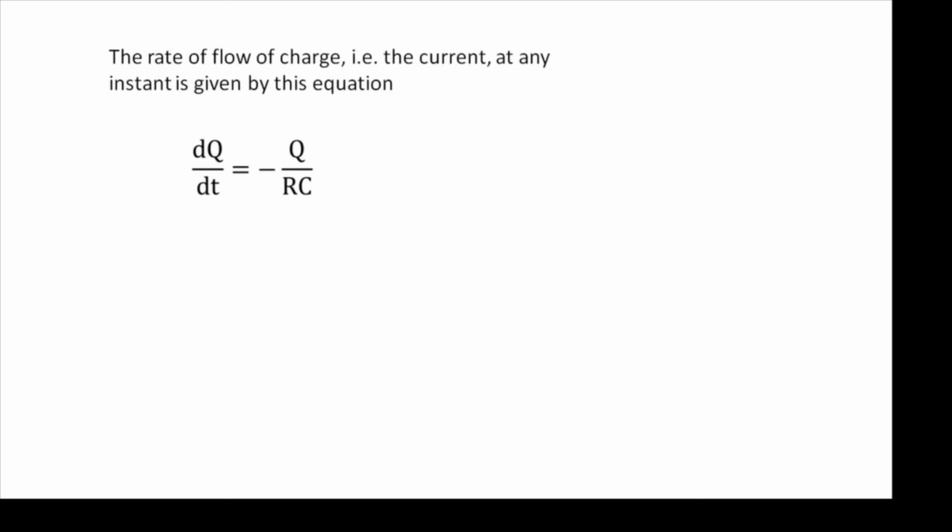The rate of flow of charge, the current at any instant, is given by this equation: dQ/dt equals minus Q over RC. It's what we call a differential equation. Looking at it, we see that dQ/dt depends on Q, R, and C, as we said earlier.